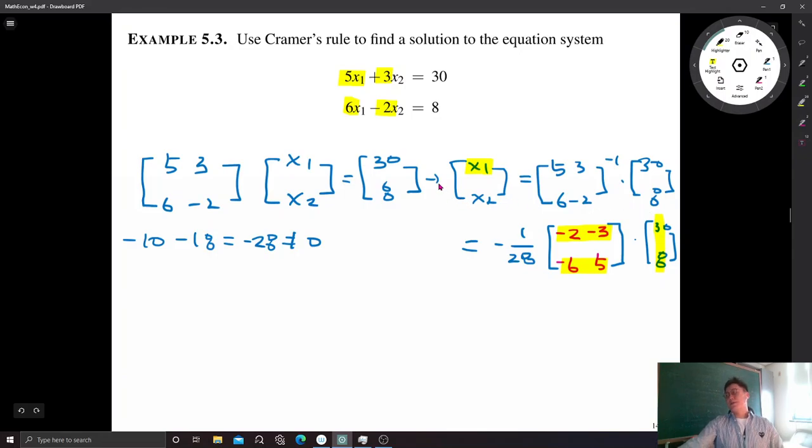So this is the so-called matrix inversion method. We first rearrange the equation into the matrix form and compute the inverse matrix. And then the dot product gives us solutions x1 and x2.